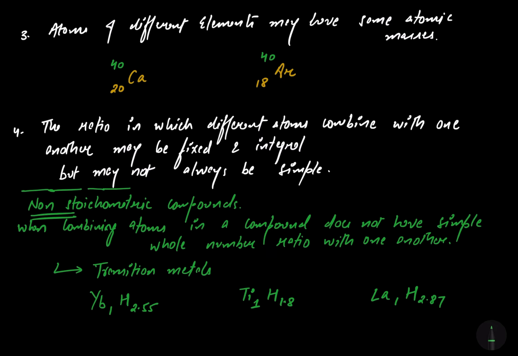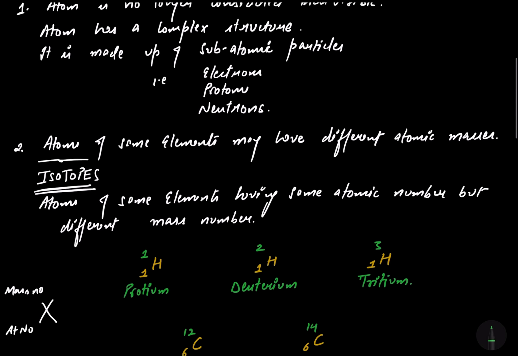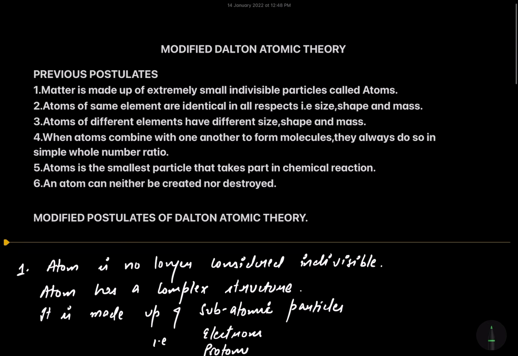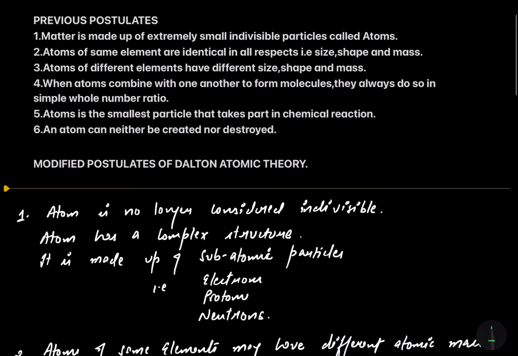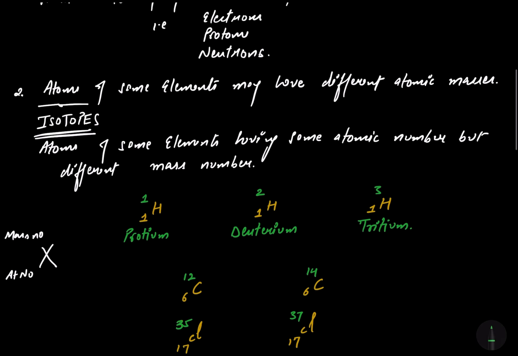So let us come to the fifth point of the previous postulates. The previous postulate says that atom is the smallest particle that takes part in a chemical reaction. Now, as atom is composed of subatomic particles, which I have given you in the very first postulate, the electrons are the smallest particles that take part in a chemical reaction. So that's the modified postulate. Let me write this.